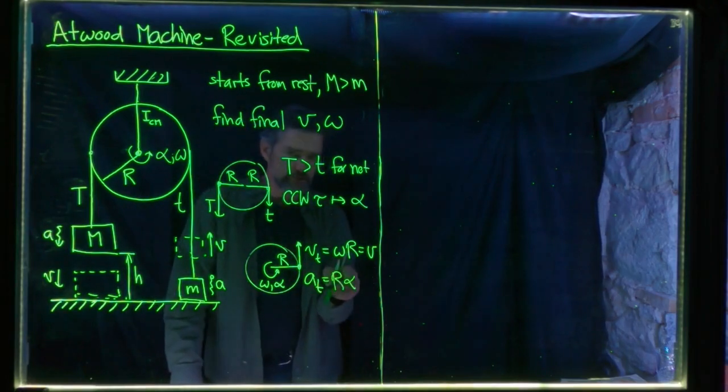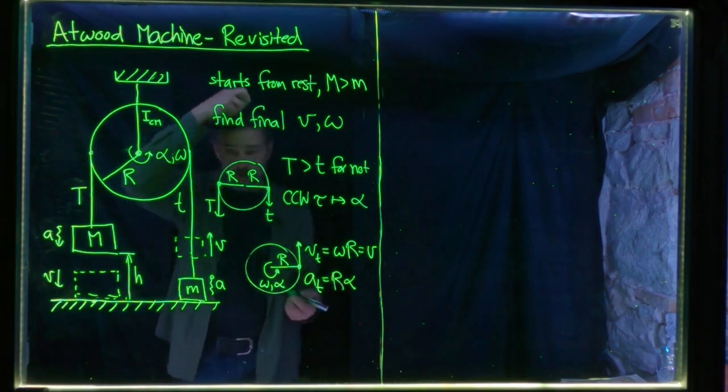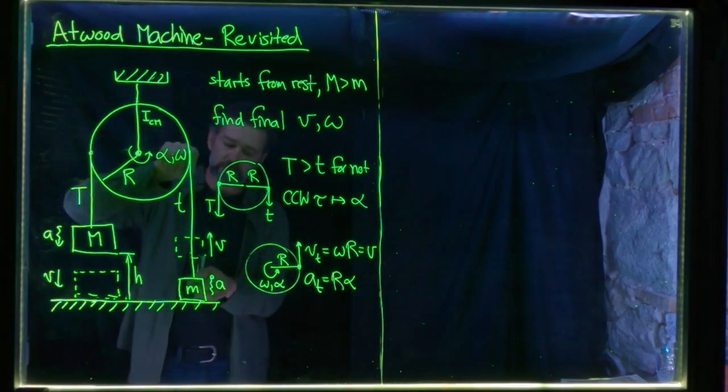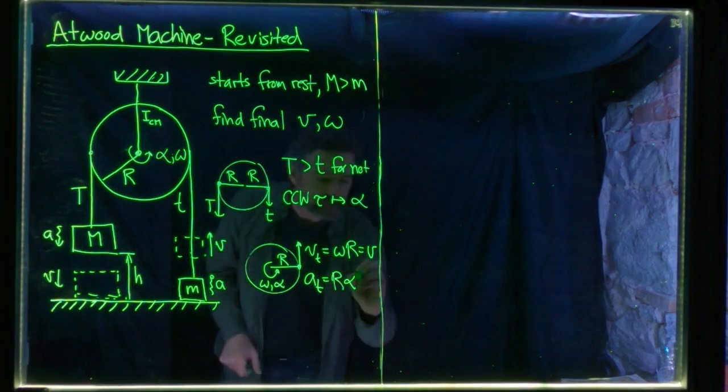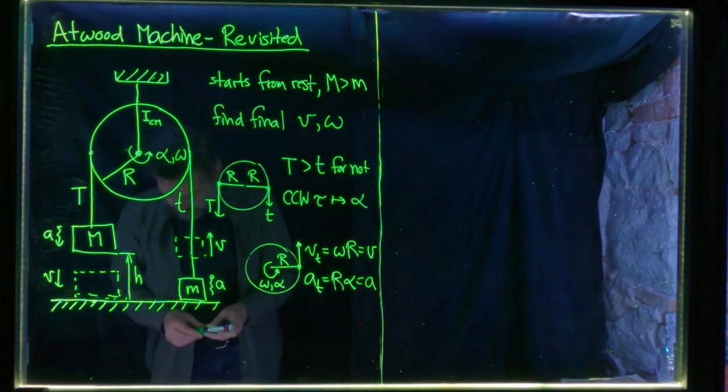Radians per second squared times meters is meters per second squared, tangential acceleration. And this point here is connected to that point. So whatever tangential acceleration this point experiences upwards will be the same as the linear acceleration that little m experiences upwards. Okay, so that's really important. Those are two important things.